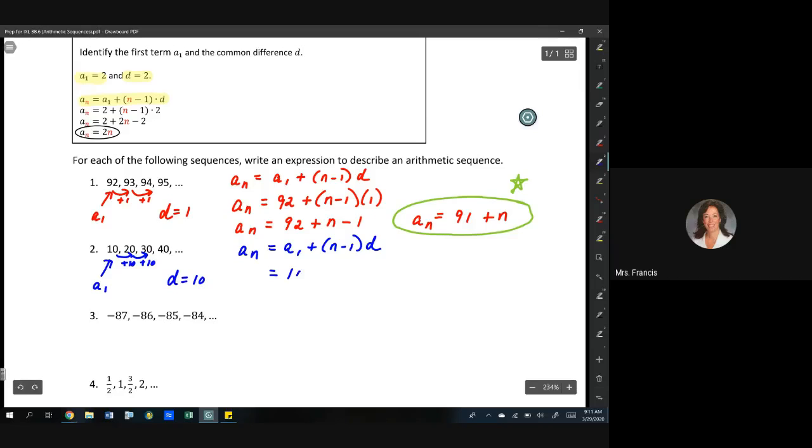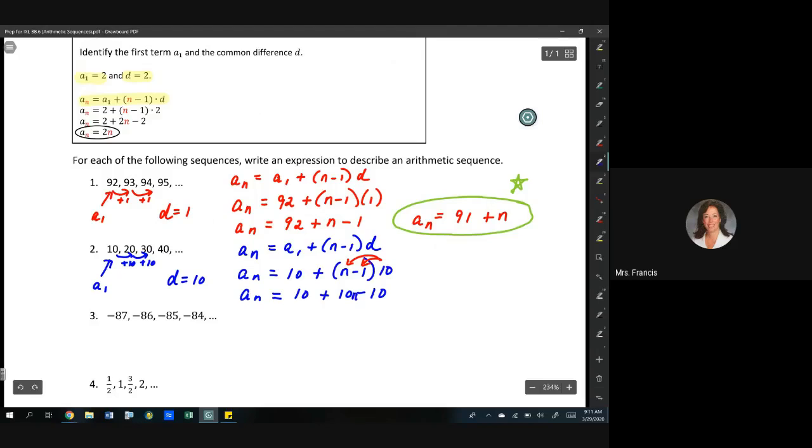So we're going to get 10 plus n minus 1 times 10. Now we have to distribute this 10 to both of those terms, so be careful about that when I simplify. We get 10 plus 10 times n is 10n, and 10 times negative 1 is negative 10.